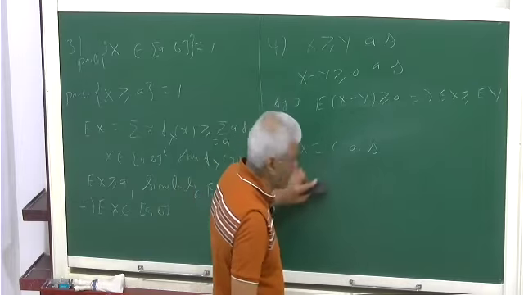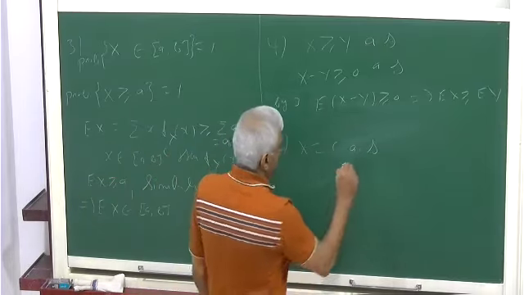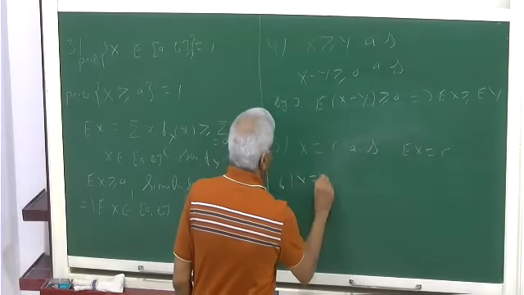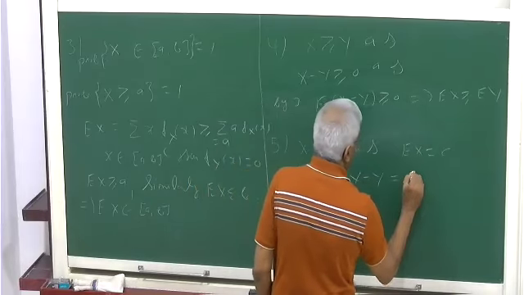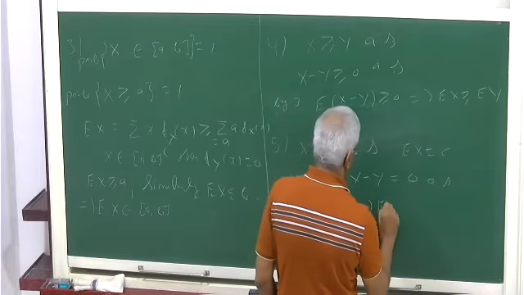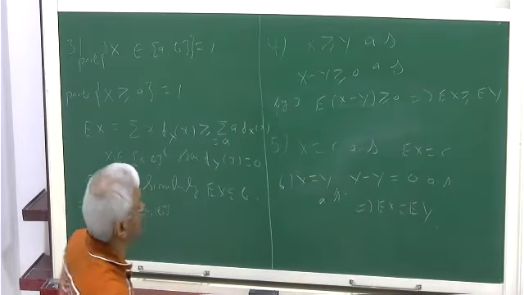When x is not equal to c, the density function is 0, so it's clear E of X equals c. The sixth one: if X equals Y, then of course X minus Y equals 0 almost surely. This implies E of X equals E of Y. So it's all done. Only the last one I have to prove.